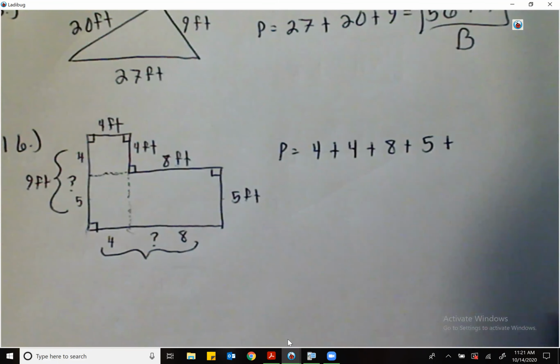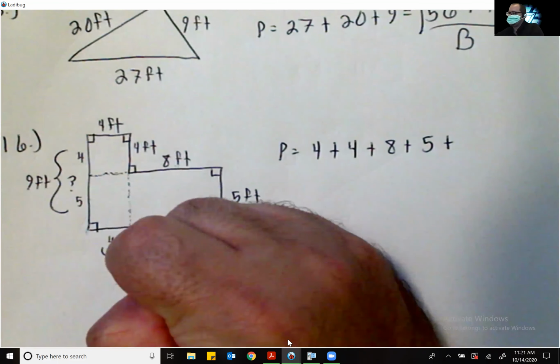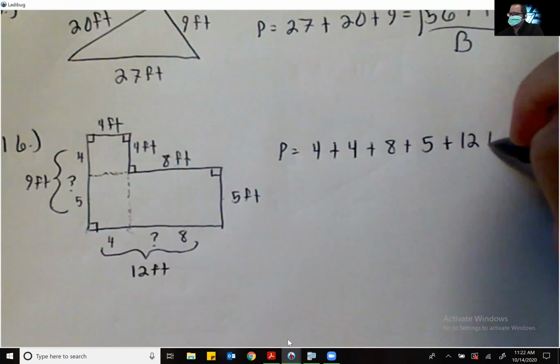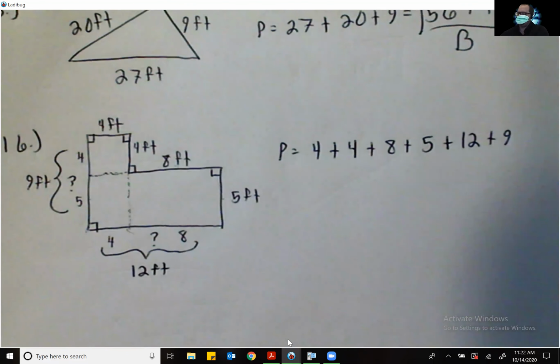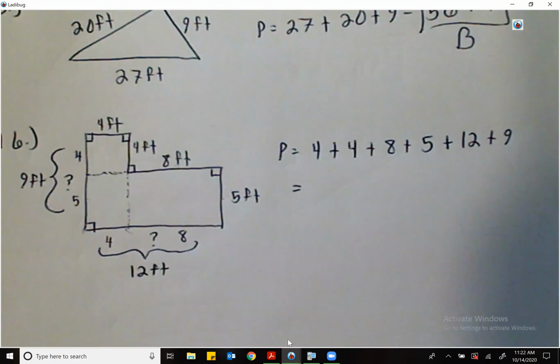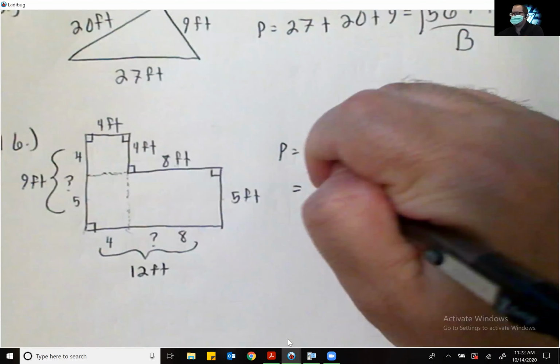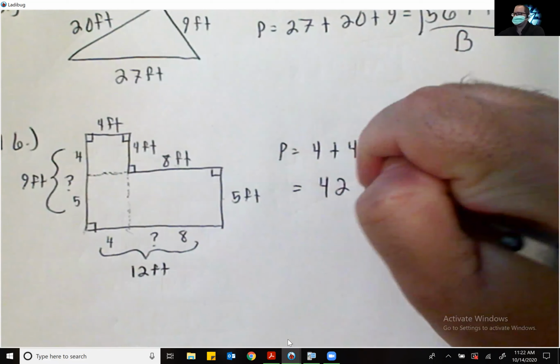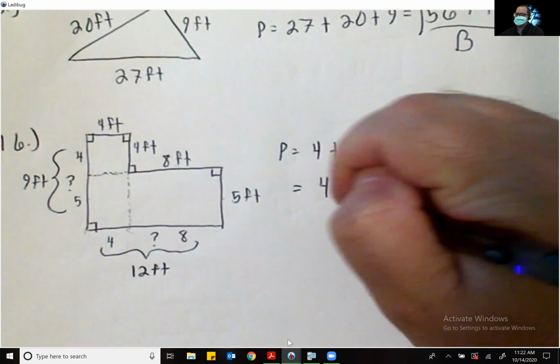There you go. So there's our two missing lengths. So we add plus 12 and plus 9, and that will give us the answer, which is 42. I like it. 42 feet, which we would select choice C for.